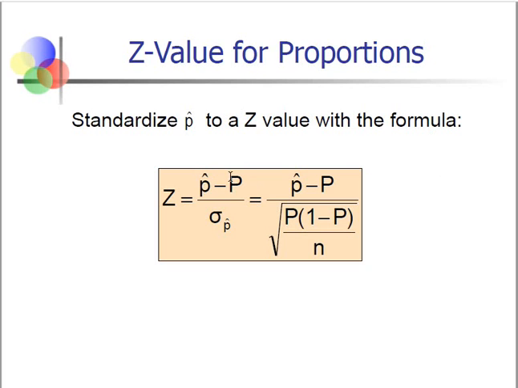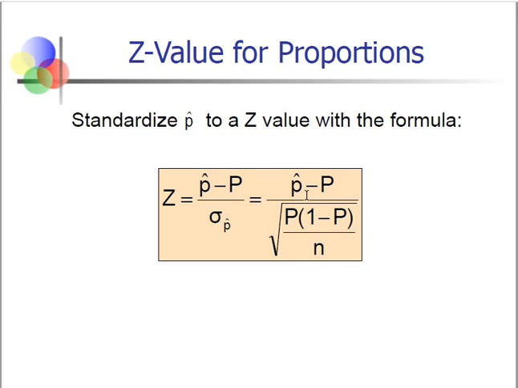We just get the sample proportion, subtract the population proportion, and divide by the standard error. The standard error in this case, which is just the standard deviation of the sample proportion, is the square root of P times 1 minus P, divided by N.